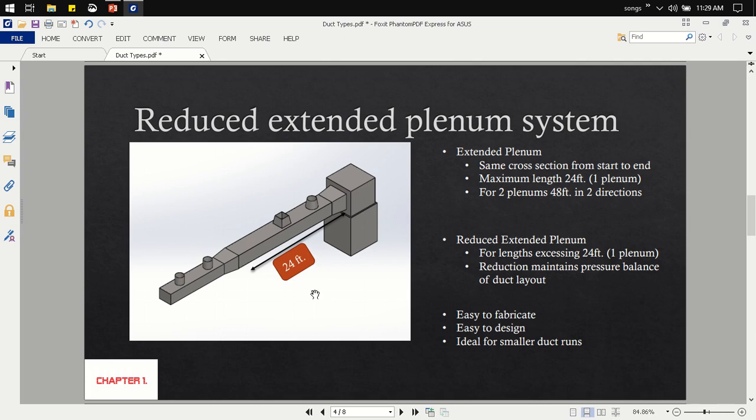These systems are relatively easy to fabricate because of the same cross section, easy to design, and ideal for smaller duct runs. Those are the key features and advantages.